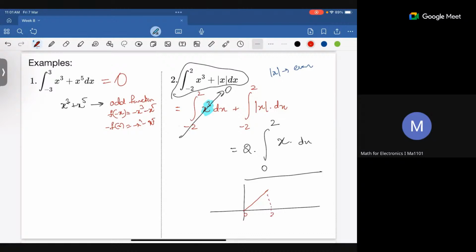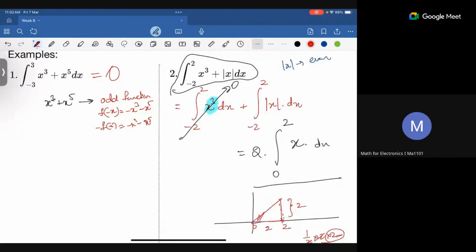From 0 to 2, it just forms a triangle, and you know how to compute the triangle's area, right? This is 2, this is 2, so the area will be half into 2 into 2, which is 2. So this definite integral's value is 2, and the overall value will be 2 times 2, which is 4.